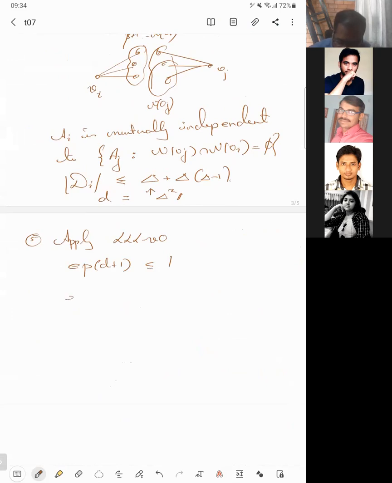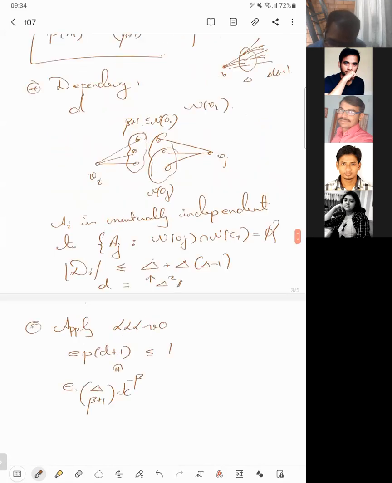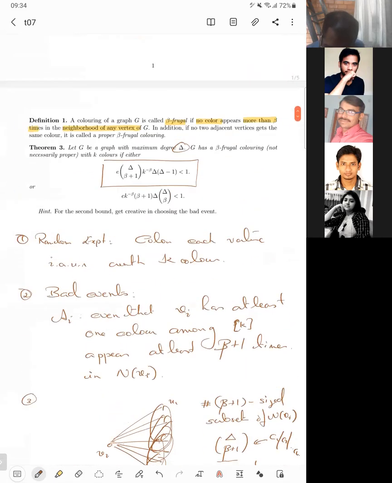Here P we have an upper bound, that's enough, which is delta choose beta plus 1 times K to the power minus beta.